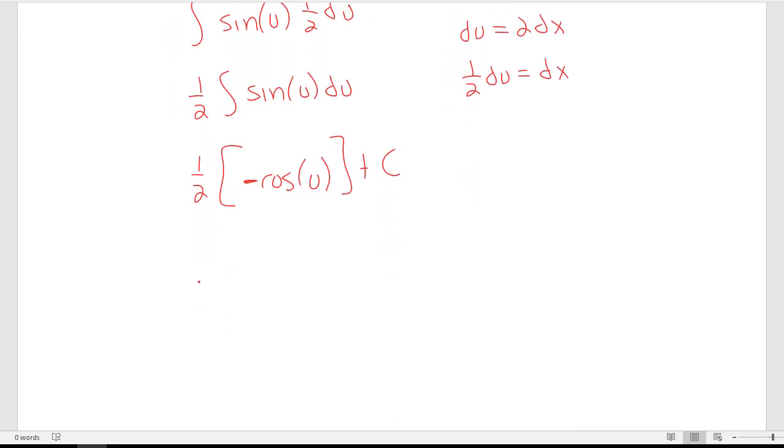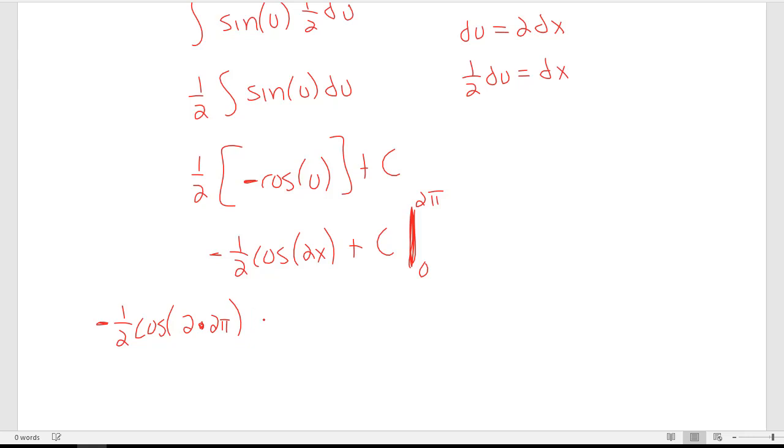Now, I'm going to get back in terms of the original x variable. So my u was the expression 2x, plus c. And then I'm going to evaluate as x goes from 0 to pi. So I'm going to plug in the upper limit: minus 1/2 cosine of 2 times pi, and then minus the lower limit, minus 1/2 cosine of 0, plus c technically.